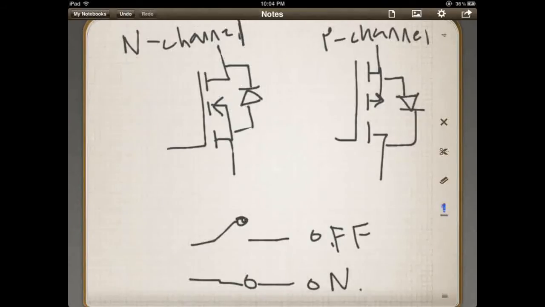If you haven't seen the BJT video, I suggest you go check that one out, because those are another set of very prevalent transistors used out there. BJTs, the bipolar junction transistors, are commonly referred to as just transistors, whereas these are commonly referred to as FETs. There's a bunch of different types of FETs.